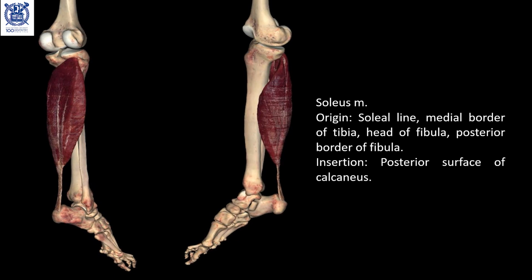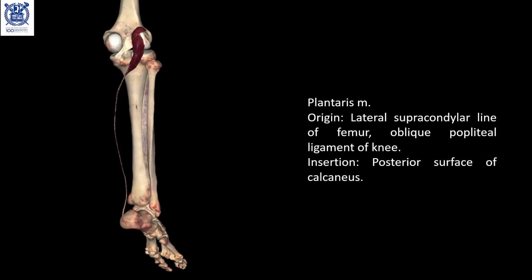Soleus muscle. Origin, soleal line, medial border of tibia, head of fibula, posterior border of fibula. Insertion, posterior surface of the calcaneus. Plantaris muscle.